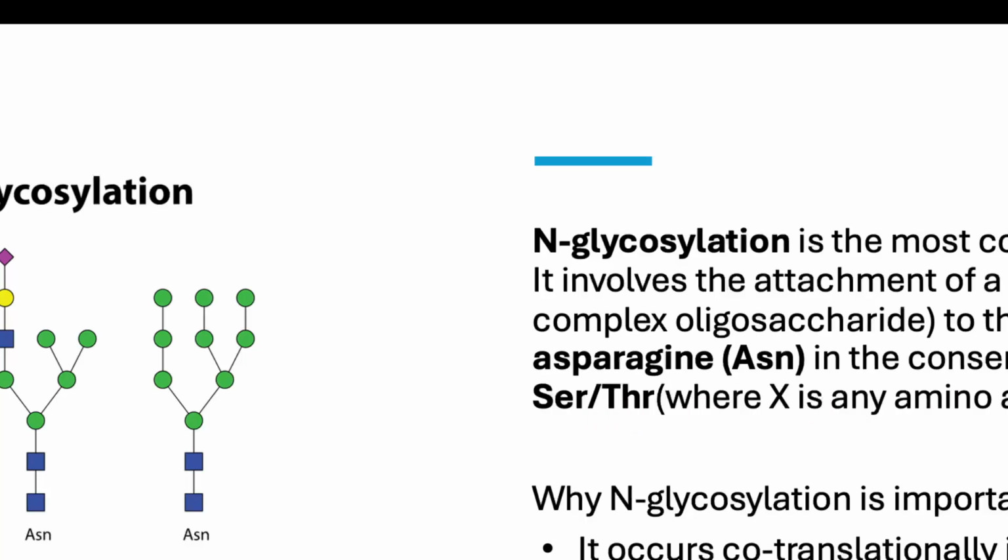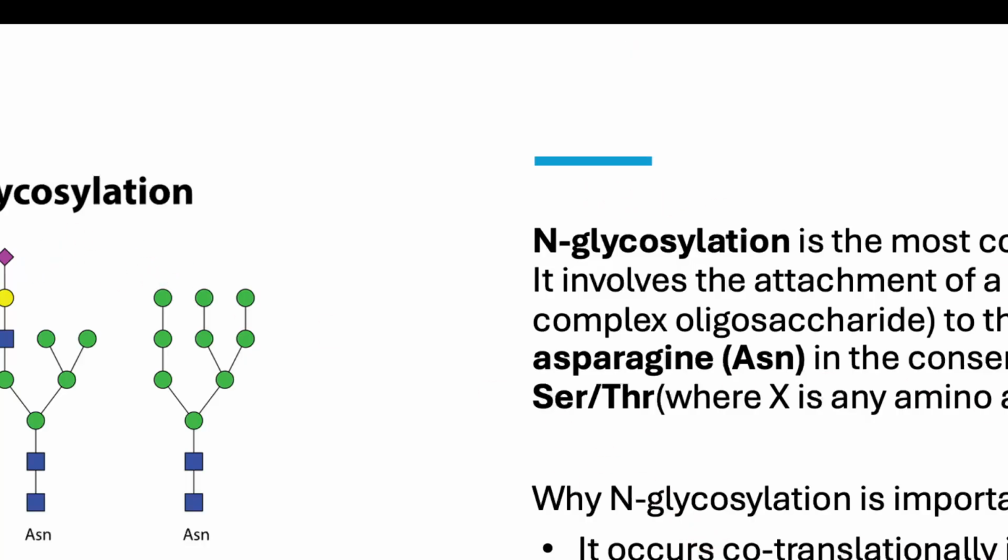Because it is attached to the amide nitrogen group, it is named N-glycosylation. O-linked glycosylation is attached to the oxygen group of serine or threonine. In this sequence, X is any amino acid except proline. In this triple sequence, the asparagine amino group will be attached to the glycosyl group, which is the sugar group.